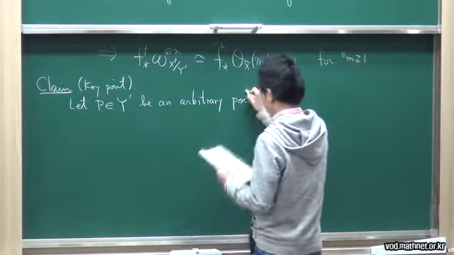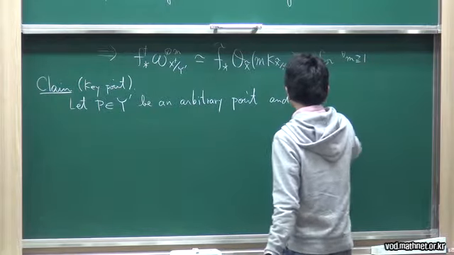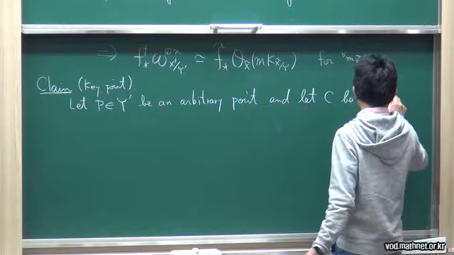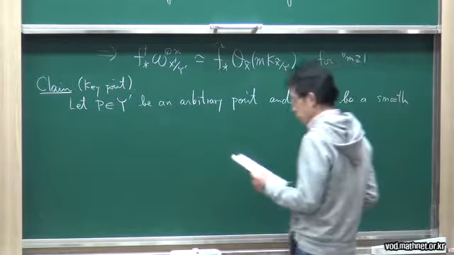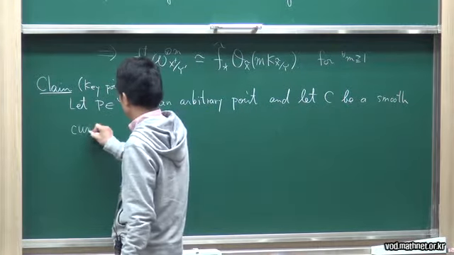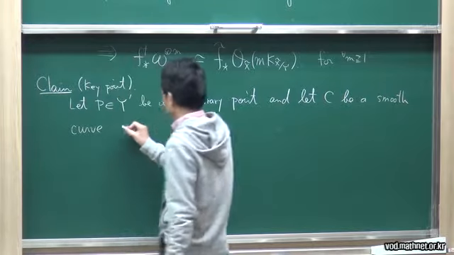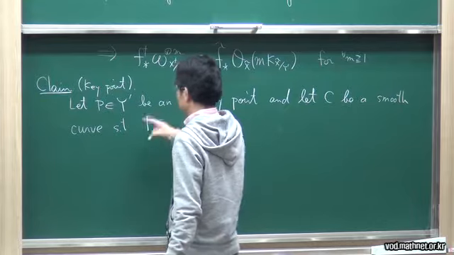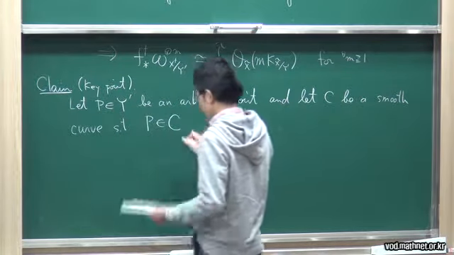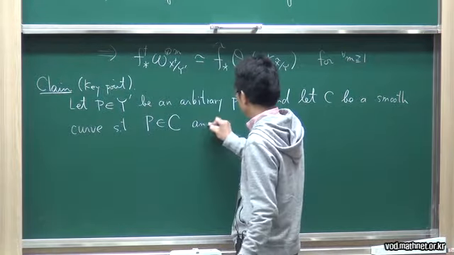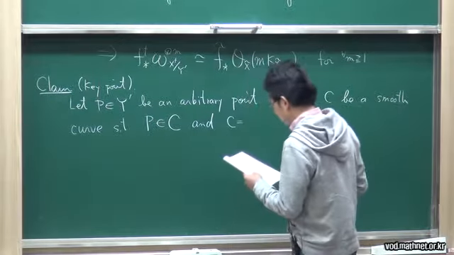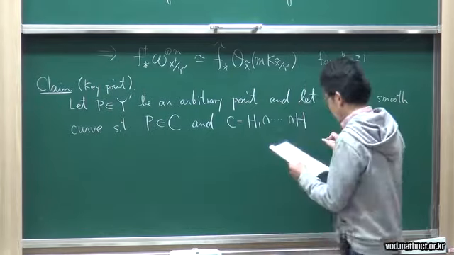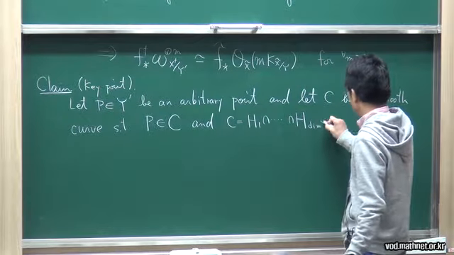Point means closed point, and let C be a smooth curve on Y prime such that C passes through this point P and C equals H1 intersection up to H dimension Y minus 1.